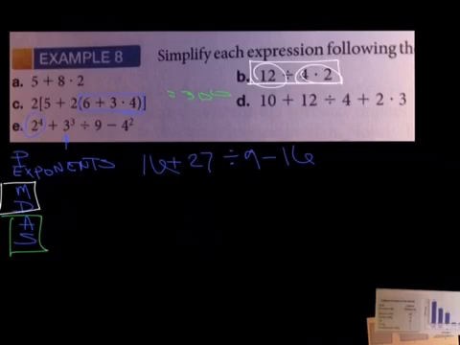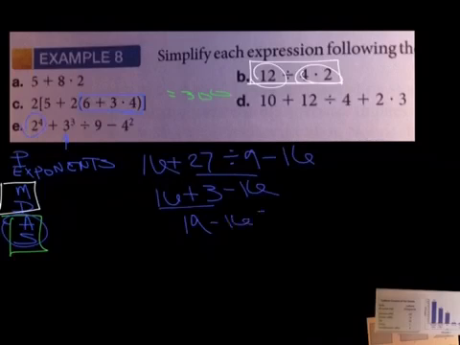Okay? And then I see if there's any multiplication. Nope. Is there any division? Yes, right there's some division. So 16 plus 27 divided by 9 is 3. And then I do my addition and subtraction from left to right, and I just do it as it comes. So there's 19 minus 16 equals 3. So my answer is 3.